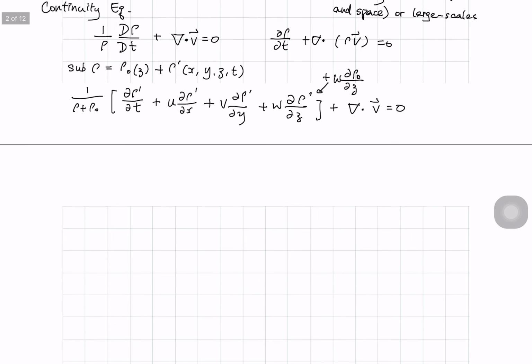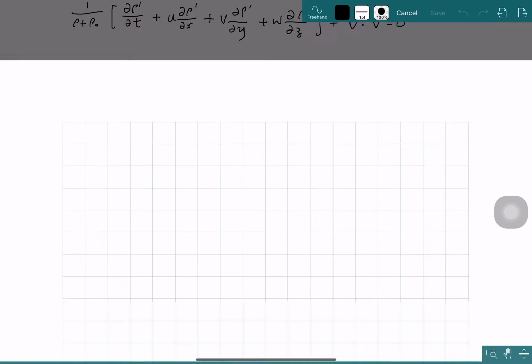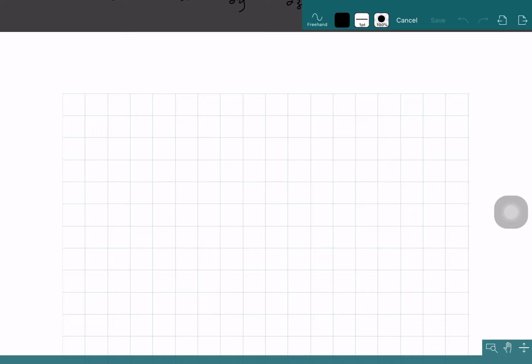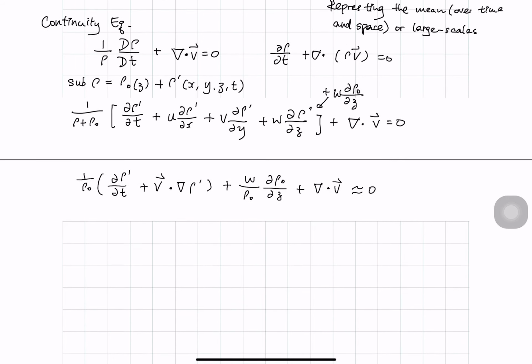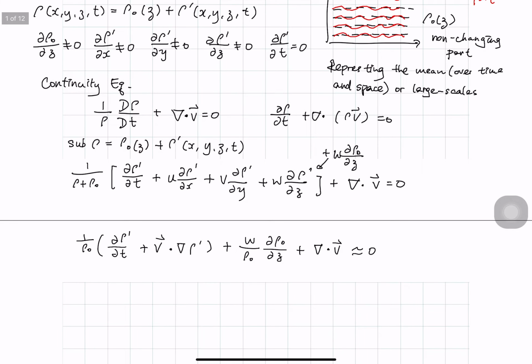Okay, so then we will arrive at what we have in the slides. Okay, so I think we have combined the terms.